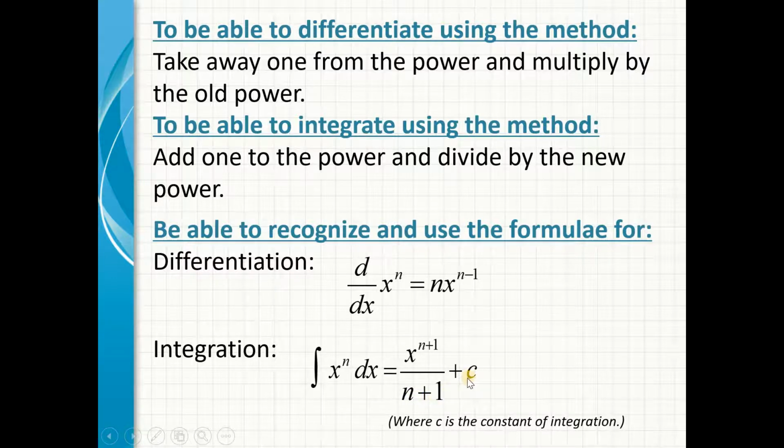And add c. Again, integrate x power n with respect to x. It's going to be x up to power n plus 1, add 1 to the power, divide by the new power, which is n plus 1. At the end, add c, and c means a constant of integration.